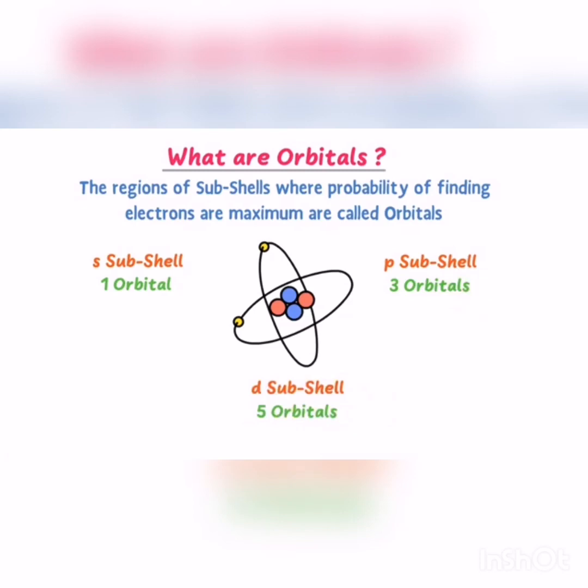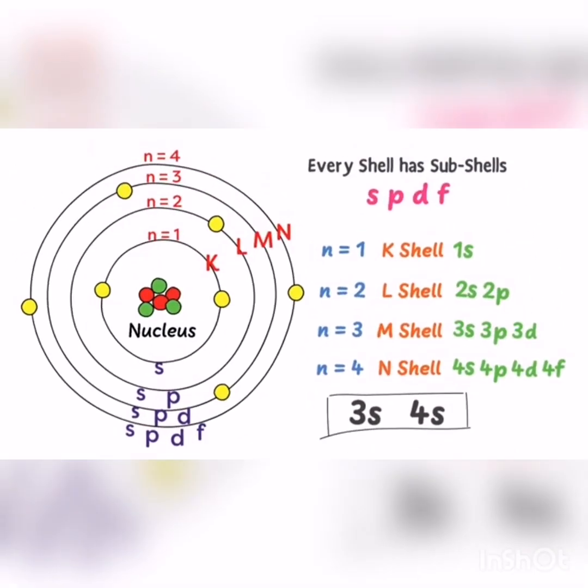To summarize my lecture, we learned that there are different shells around the nucleus. When n is equal to 1, it is the K shell and it has one subshell, 1s. When n is equal to 2, it is the L shell and it has two subshells, 2s and 2p.